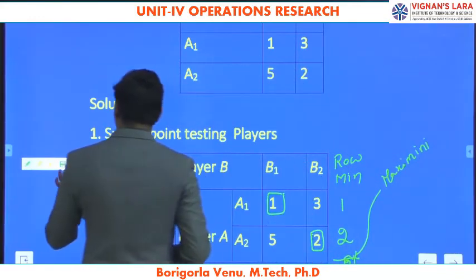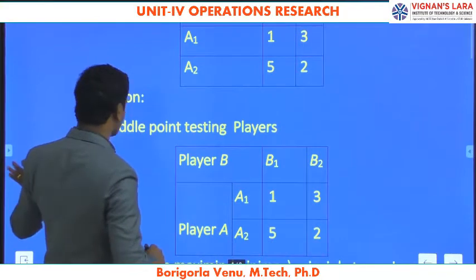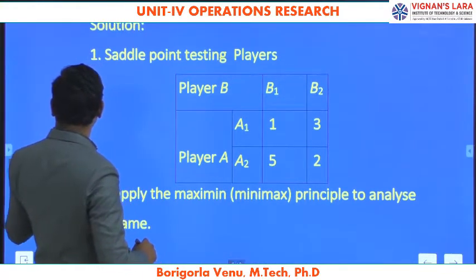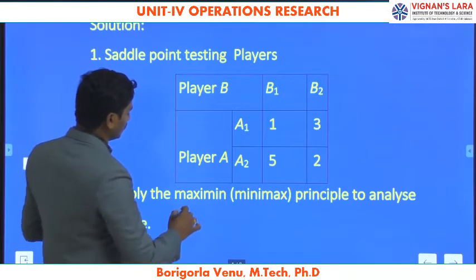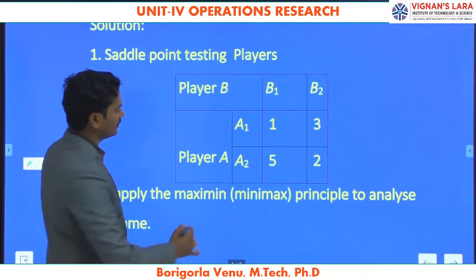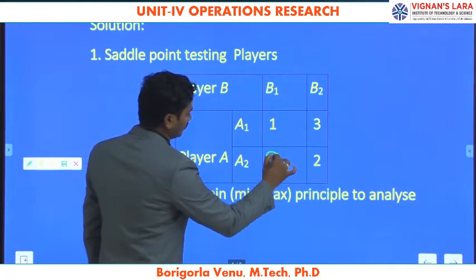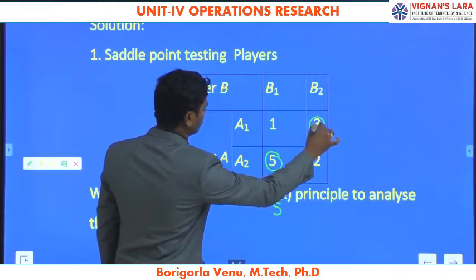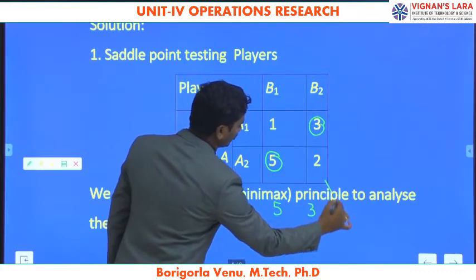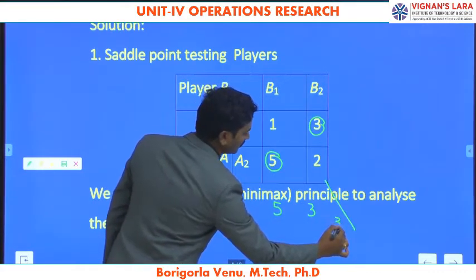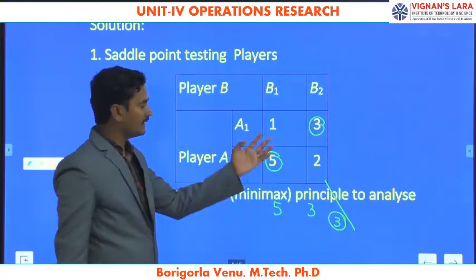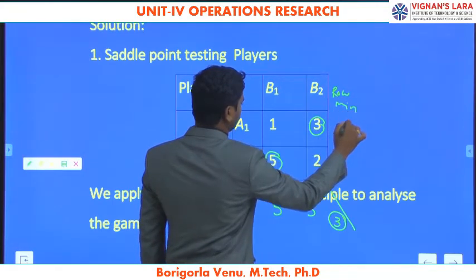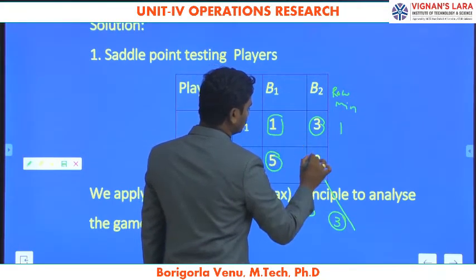Now we identify the column maximum values. The first column maximum value is 5 and the second column maximum value is 3. From these column maximums, we take the minimum value, which is 3.